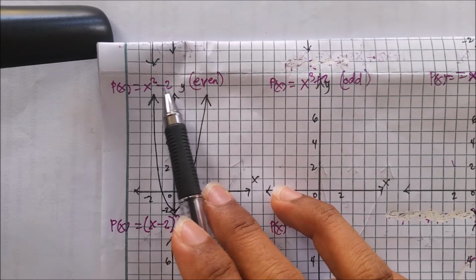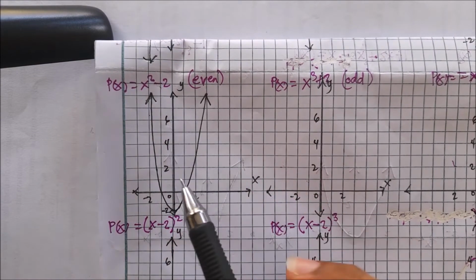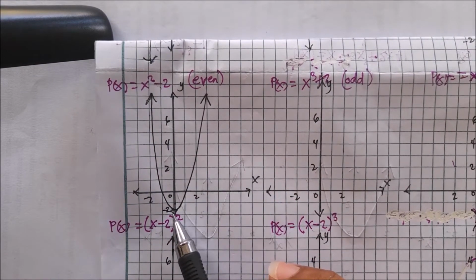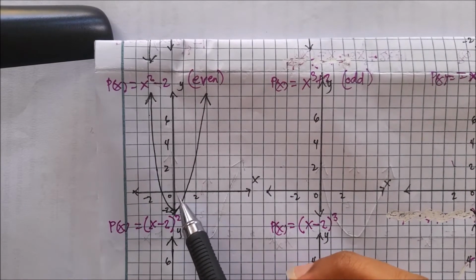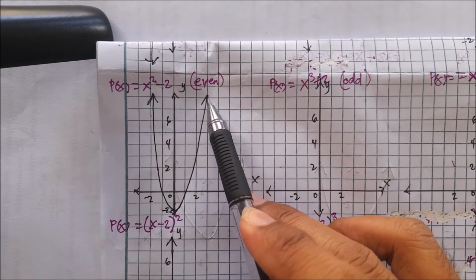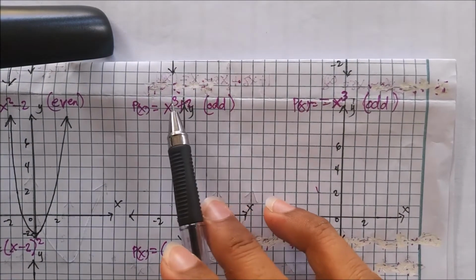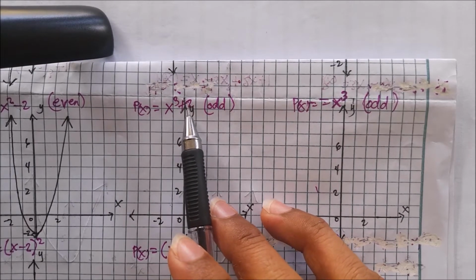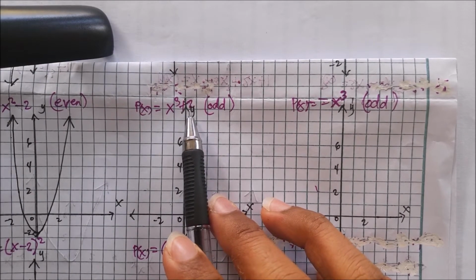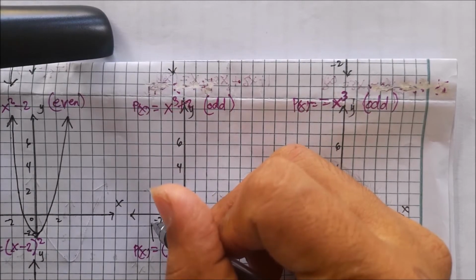And the negative 2 is the constant. It's located in the lower part of the y-axis, which is negative 2. That is the vertex of the graph. Now how about an odd number of exponents, which is 3, and a constant k of positive 2, which is greater than 0?